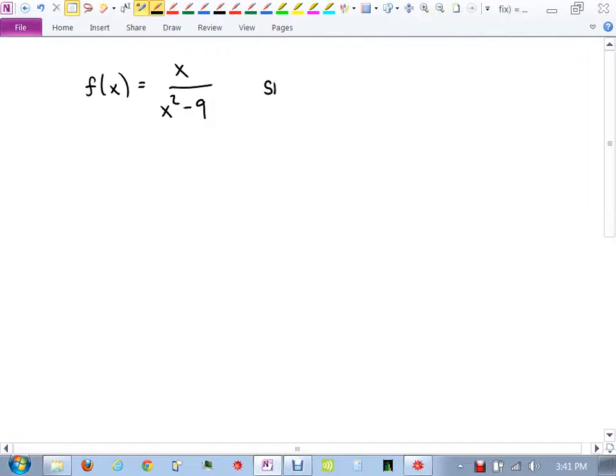And I'd like to sketch it using calculus. Basically doing what we're doing in this class, all right? The first step, you should have your notes printed out for chapter 4, so I'm going off of that.